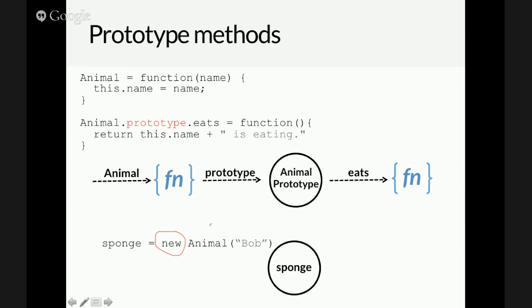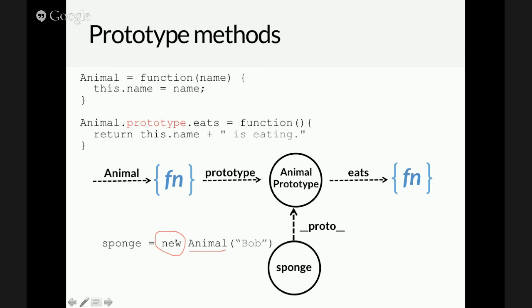What is actually setting the proto is the new keyword. This is the trick. What we're doing here is creating a new object in memory with its proto pointed to the prototype of the constructor. This is our constructor, and animal.prototype is its prototype.